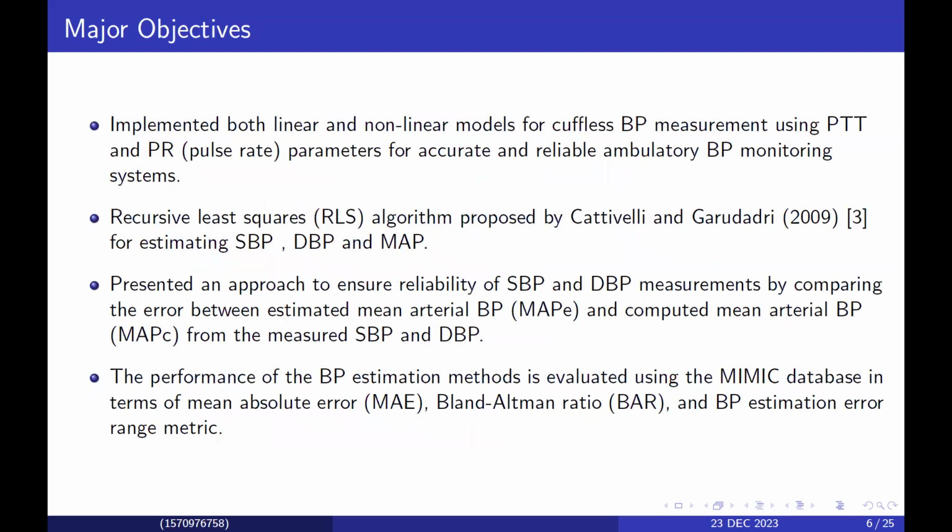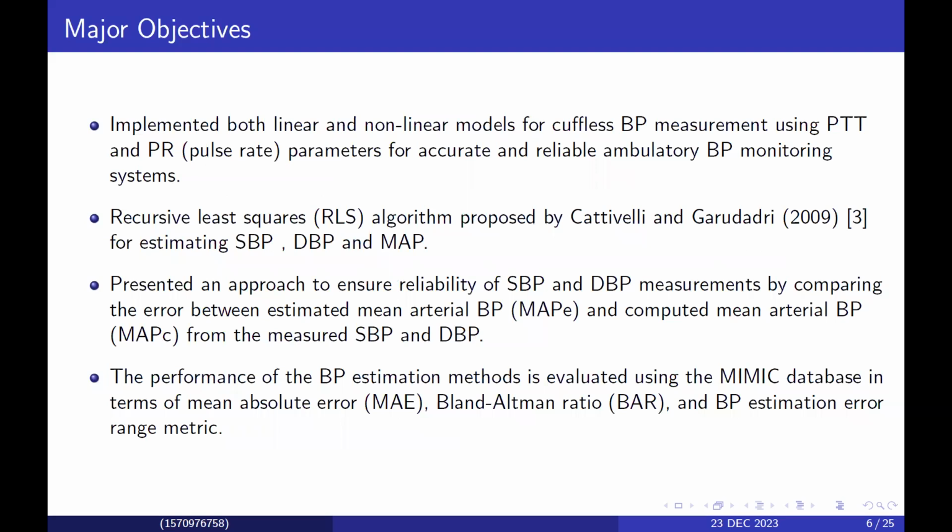The major objective of this work is to implement linear and non-linear models for cuffless blood pressure measurement using PTT and PR parameters for accurate and reliable ambulatory BP monitoring systems. We also employed RLS, a recursive least squares algorithm, to estimate the SBP, DBP, and MAP values.